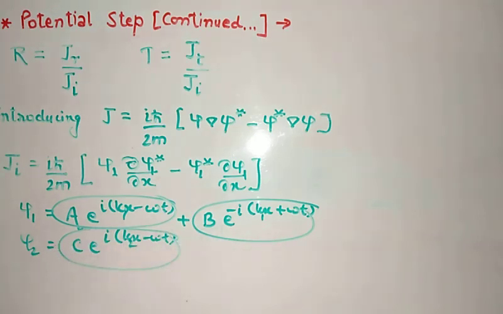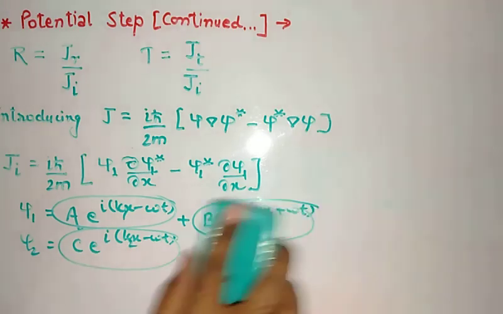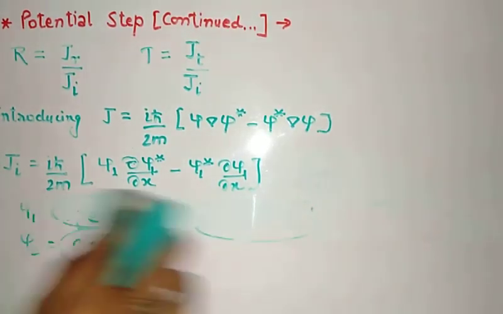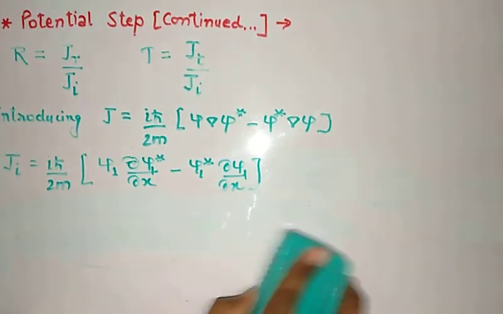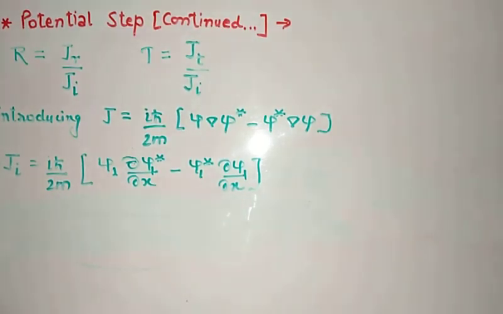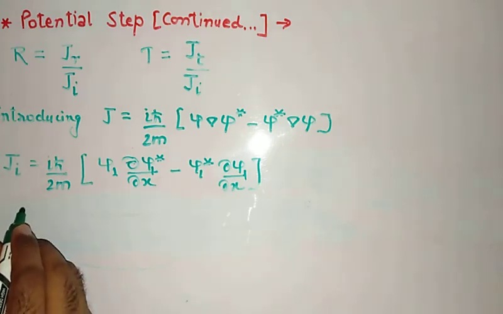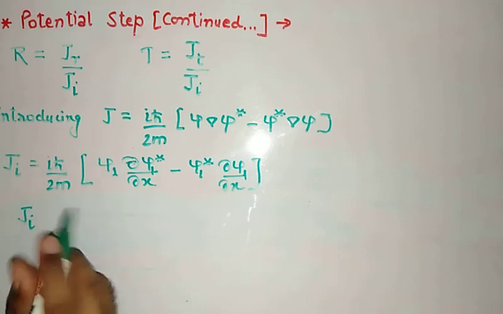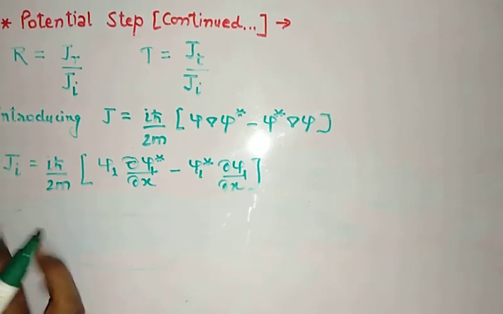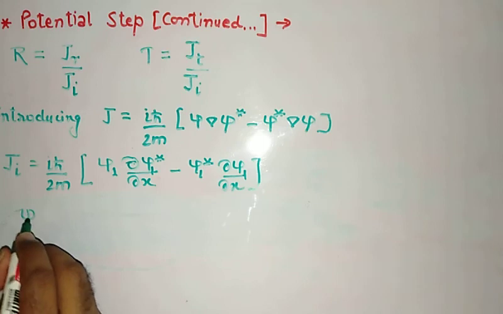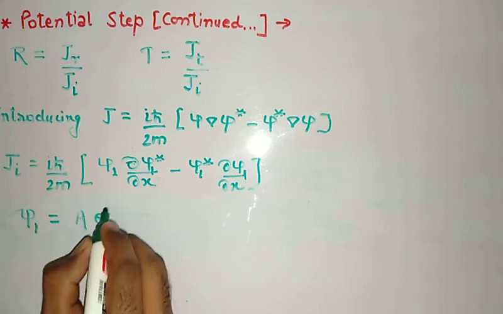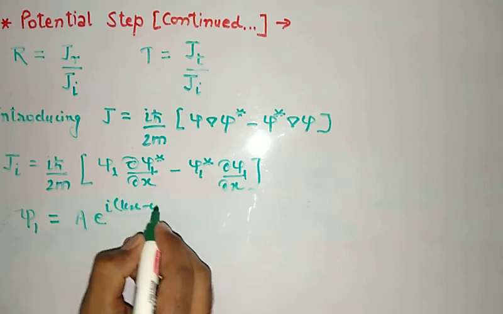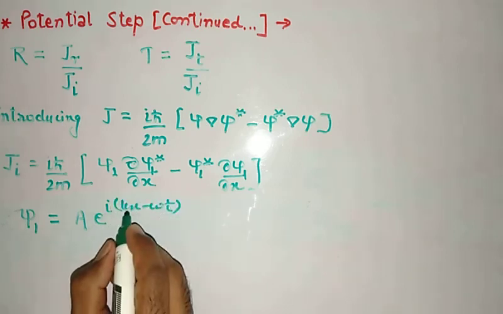Okay, so now getting Ji. For Ji, psi 1, taking the incidence part only, is a e to the power i(k1x minus omega t).